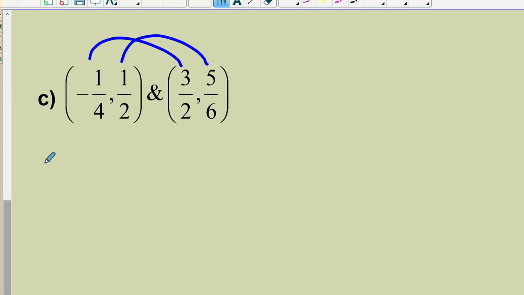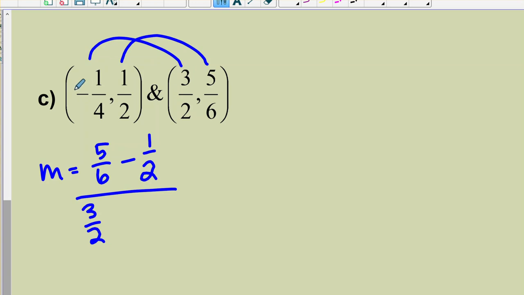Okay, I'm going to set up the slope formula. Again, y2 minus y1, 5/6 minus 1/6, or 1/2. And this is all over 3/2. I'm minusing a negative, so I'm going to change right away to a positive.